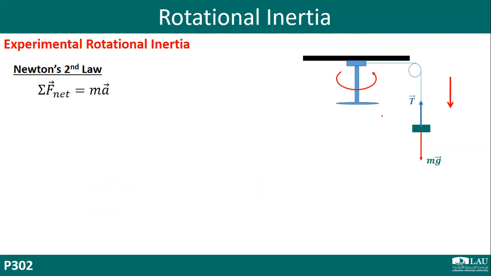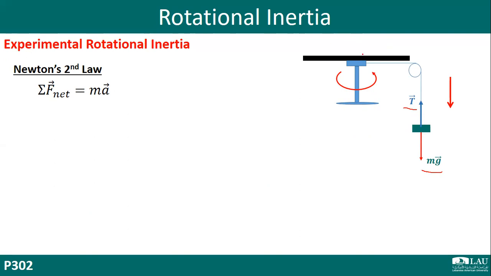We are considering that falling down is the positive direction. Let's consider the hanging mass M. It's attached to a thread, so we have two applied forces here: the weight of the mass and the tension of the thread.